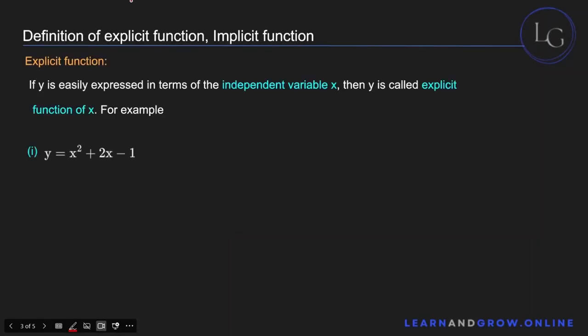So if y is the dependent variable, and y is easily expressed in terms of the independent variable x, then y is called the explicit function of x. Like here, see this example here?